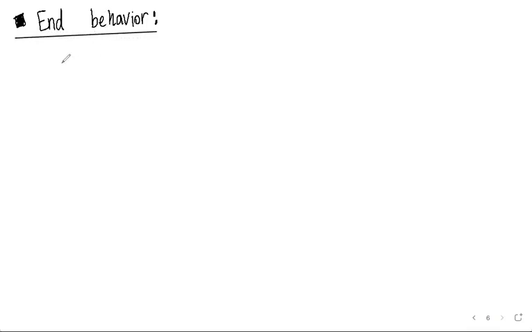So suppose I have a polynomial function, b of x equals a_n x^n plus a_(n-1) x^(n-1) plus dot dot dot plus a_1 x plus a_0.